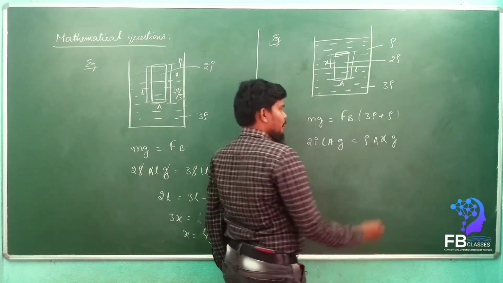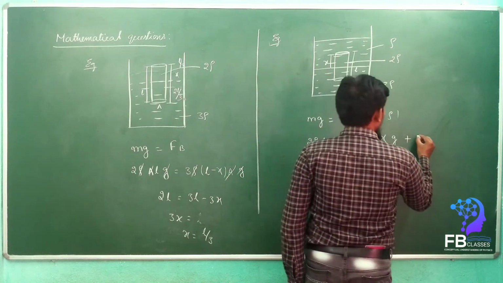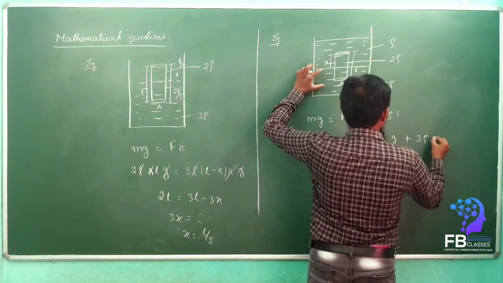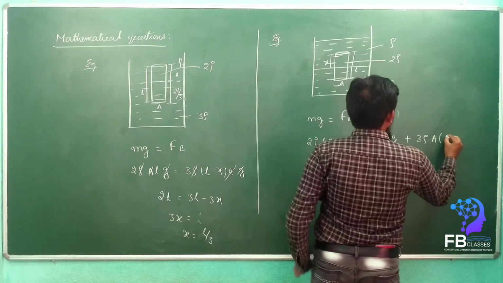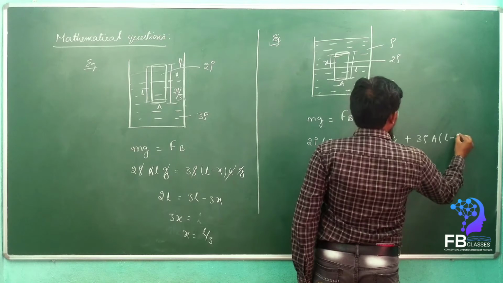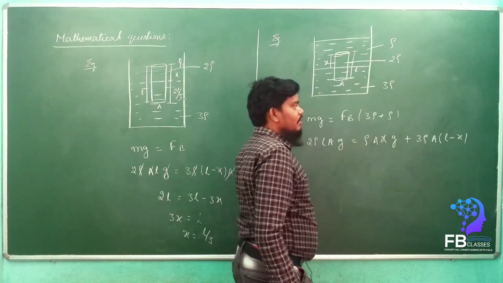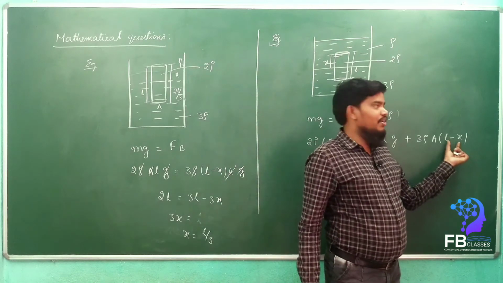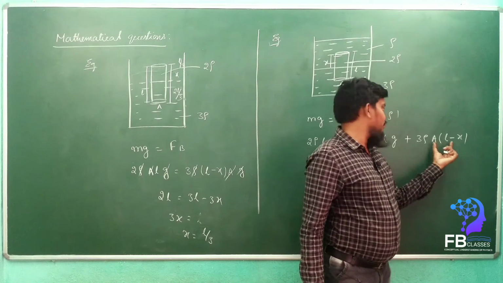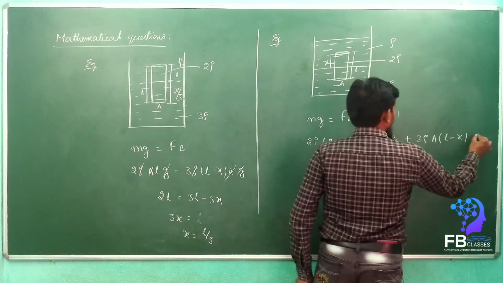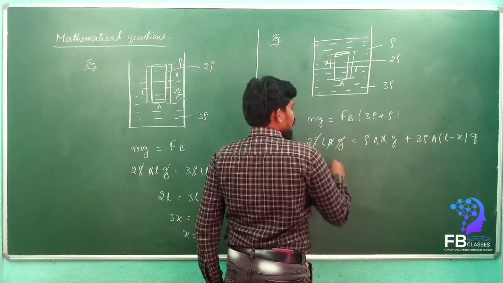Plus the density of the 3 rho liquid, this is 3 rho into A. What is the length value here? L minus X. This is the length of the liquid column, this is the area. Are you getting my point? Into g. Got it?